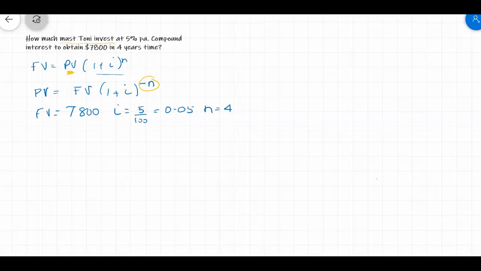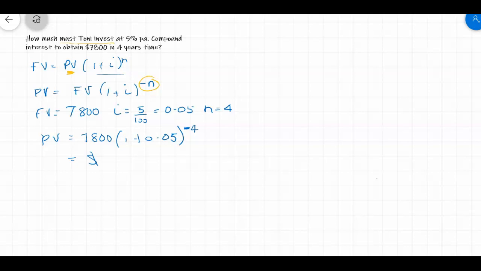So if we pop that into our calculator, PV equals 7,800 times (1 plus 0.05) to the negative 4. Okay, and if I put that in, I end up with 6,417.08.